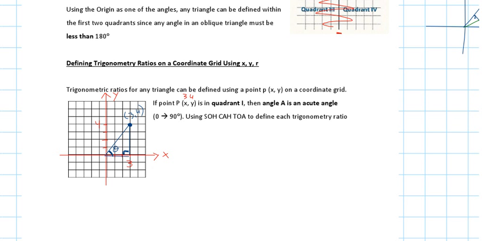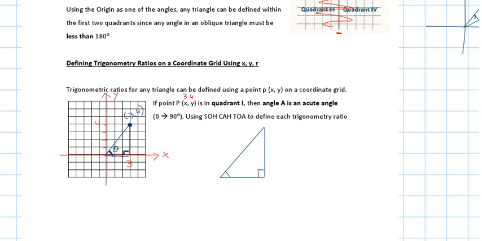Now, according to this triangle, I'm just going to draw this triangle out here just because I like to have a clear view of it. Okay, so this is the same triangle that you have in your x and y quadrant. And this is your theta.